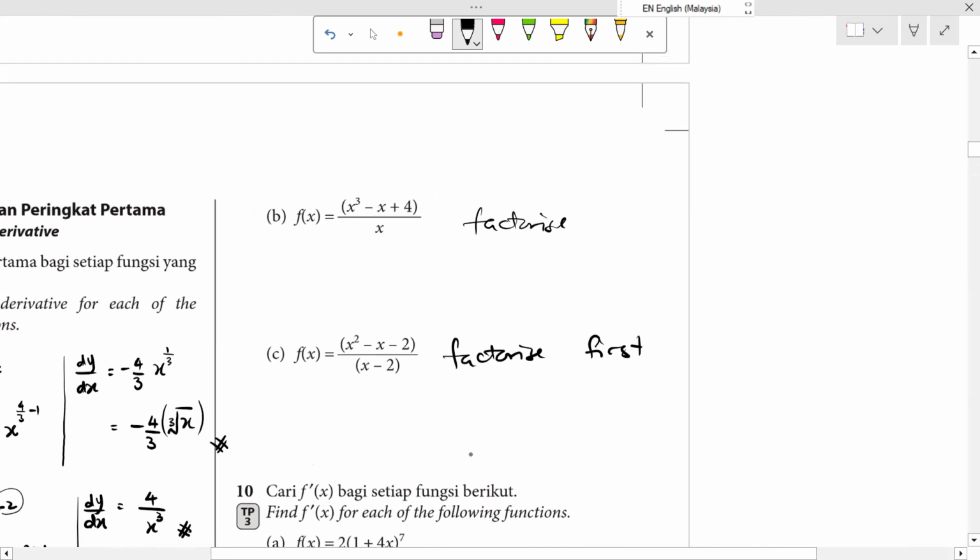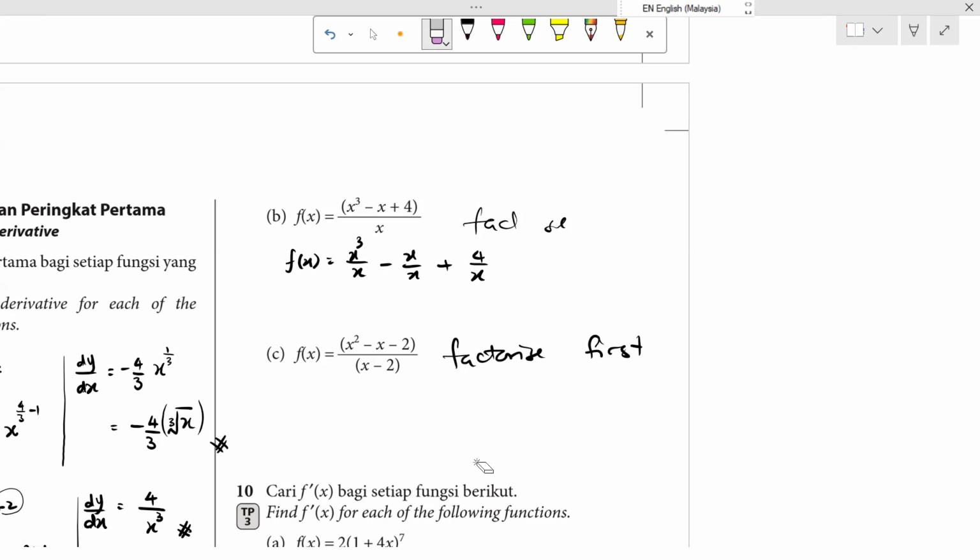So this one you got to factorize first. So it tests your skill of factorization. X cubed minus x, how can we factorize? If we cannot factorize, then we separate it. It will be x cubed over x minus x over x plus 4 over x. It's not factorized. It's like separated.